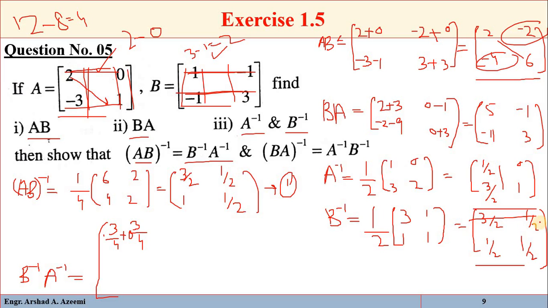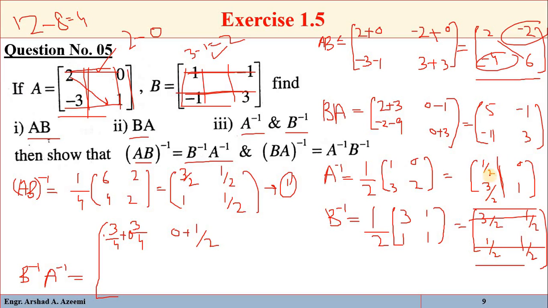Now first row with second column. So 3 by 2 multiplied by 0, it is 0, plus 1 by 2 multiplied by 1, that is 1 by 2. Now the second row with first column.